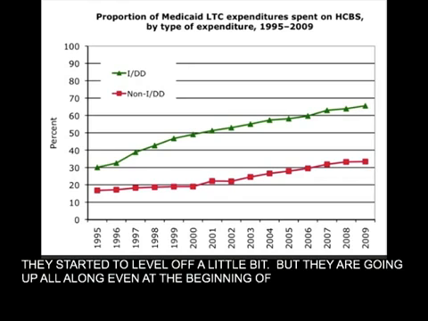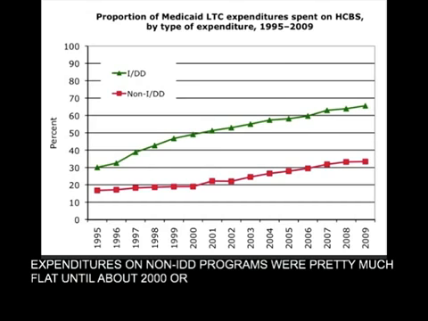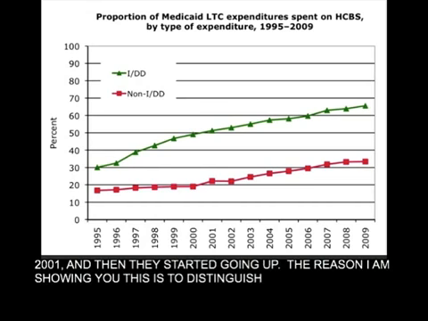But they've been going up all along, even way at the beginning of this period. In contrast, expenditures on non-IDD programs were pretty much flat until about 2000 or 2001, and then they started going up.